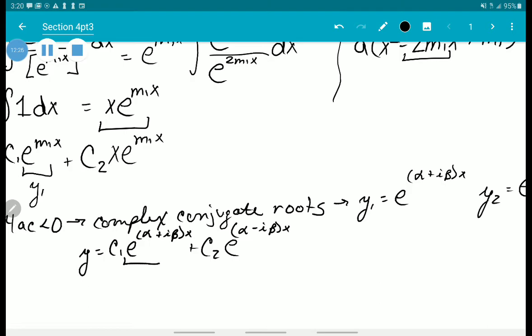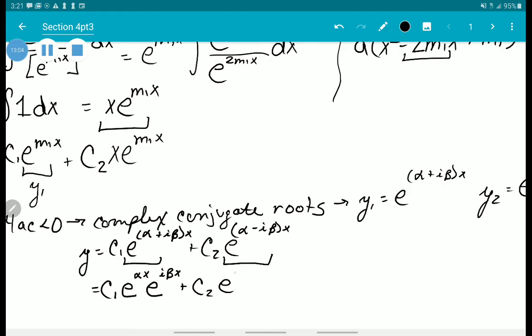But we will be able to apply Euler's formula to both of those exponential functions. So we could rewrite those this way. First, let's distribute that x term. So we're going to have e to the alpha x, and then we're going to have e to the i beta x. So I'm undoing that addition in the exponents when you would combine those terms.